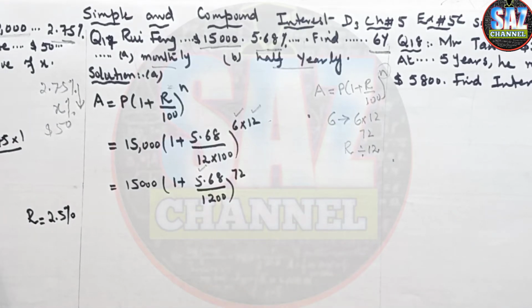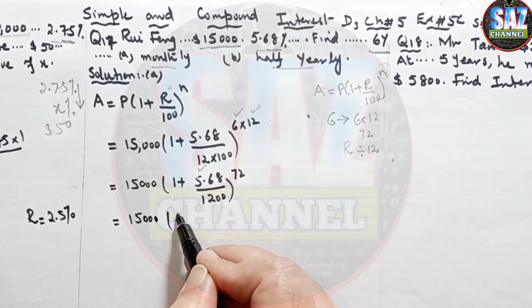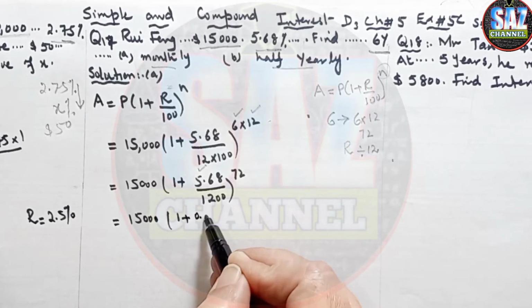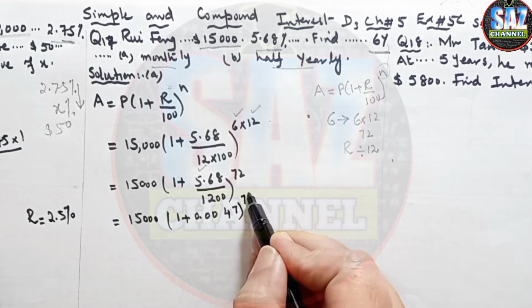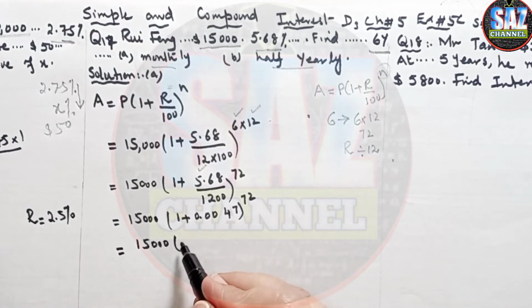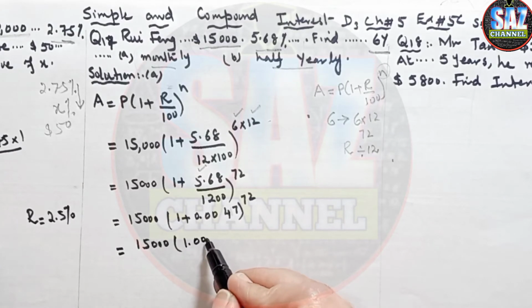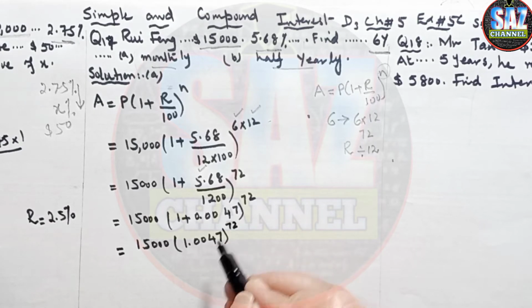When I'm dividing 5.68 by 1200, this gives me, okay, let me write the calculation. 15,000 and 1 plus 0.0047 raised to the power of 72. Okay, and then I have to add 1 to this value, and I will have 1.0047 raised to the power of 72.